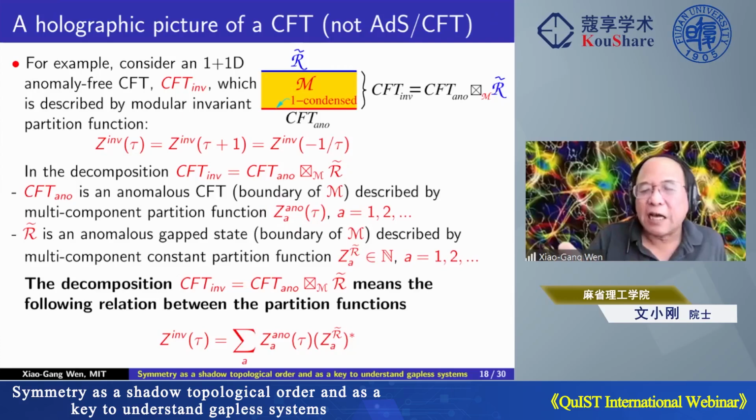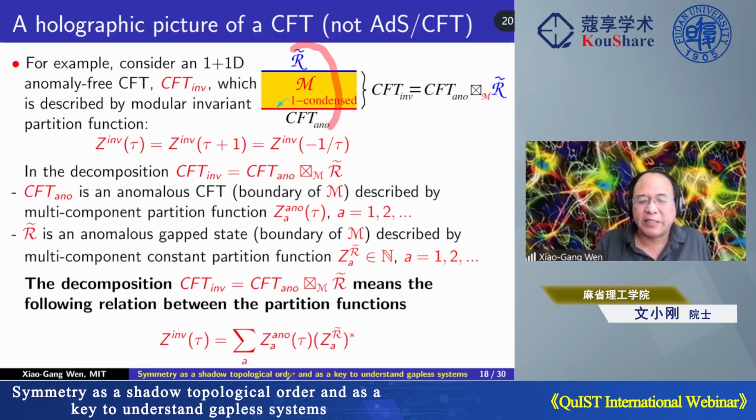Then we say that the partition function of this combined system should reproduce the partition function of an individual anomaly-free system. And the total partition function for the combined system is obtained by this inner product of these two vectors of partition functions.